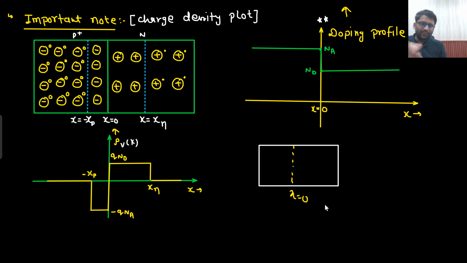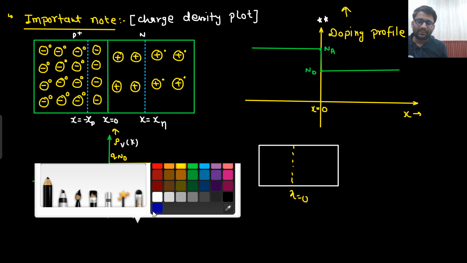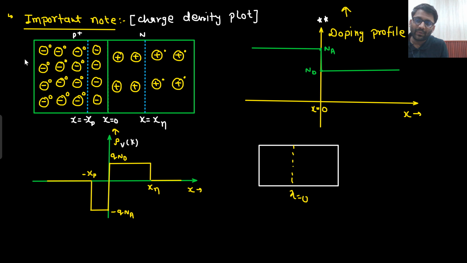For x less than 0, you are doping acceptor atoms. And for x greater than 0, you are doping donor atoms. And the acceptor atoms are more than the donor atoms. This is what you can conclude from this doping profile. Here I am doping Na, here I am doping Nd, right?